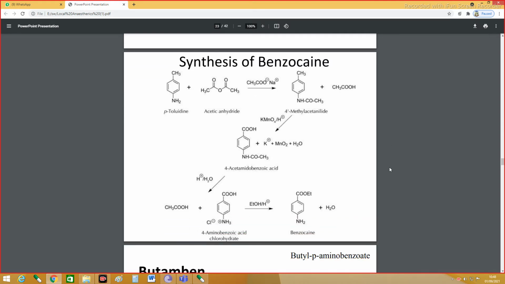Benzocaine synthesis starts from para-toluidine with acetic anhydride, and on this we can use sodium acetate as a salt form. Then it will be converted into 4-methyl acetanilide. Furthermore, we use oxidation and then reduction, and in the last step we use a simple acidic conversion. It will form benzocaine.